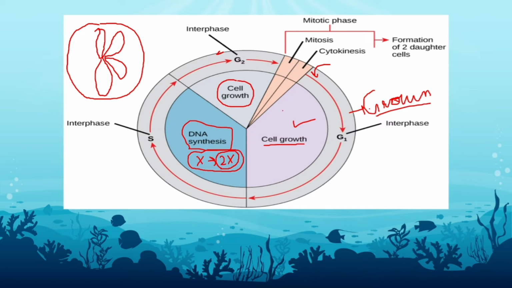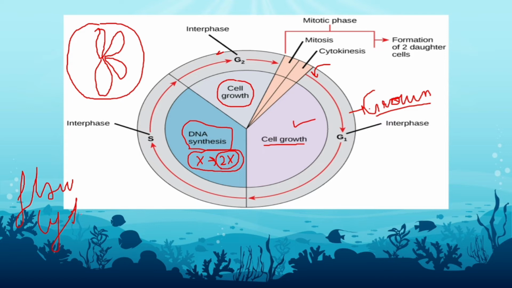So how do we know whether the cells present in a suspension solution are in G1, S, G2, or M phase? Here comes the use of flow cytometry. The cells are dividing asynchronously.